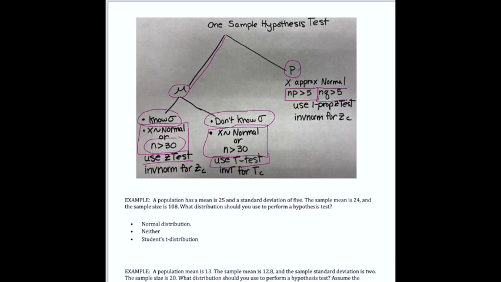We also have to check that the sample size times q, our probability of failure, is greater than 5. Then we can approximate this with the normal distribution. In that case, we can use the calculator function to perform our test. We can use 1-PropZTest. And because we're approximating this with the normal distribution, we can use inverse norm to find our z critical.